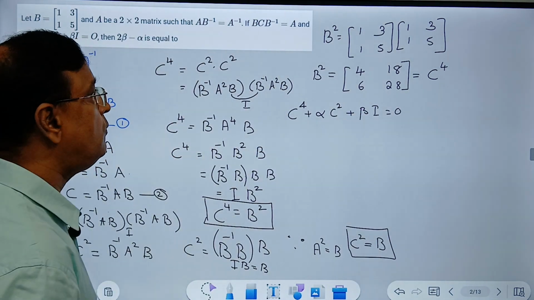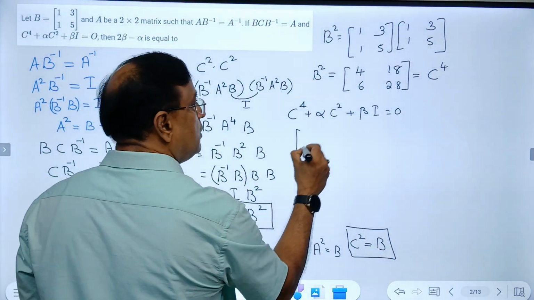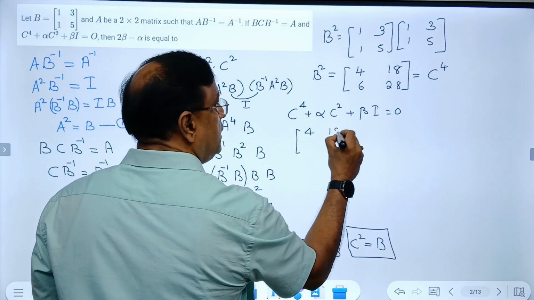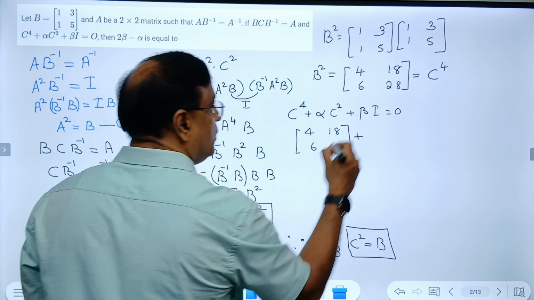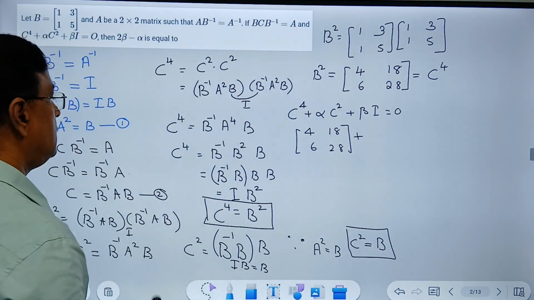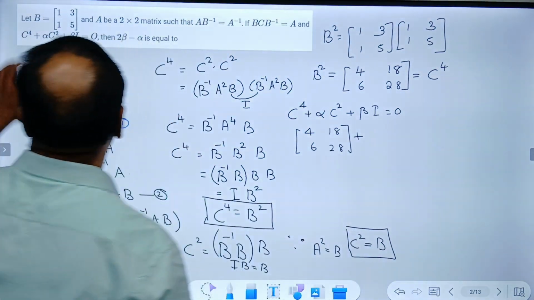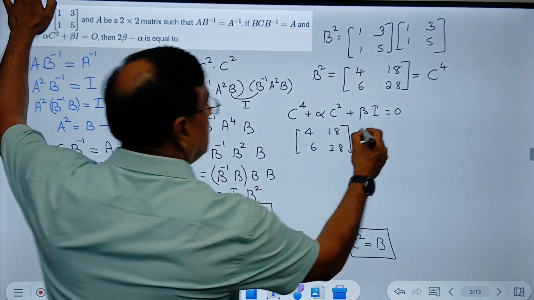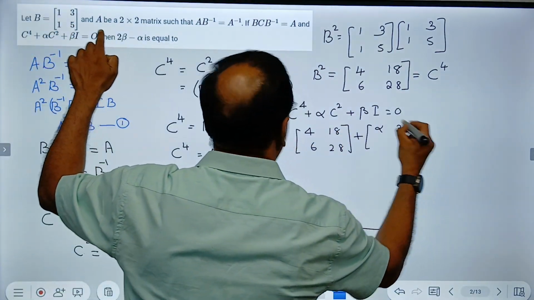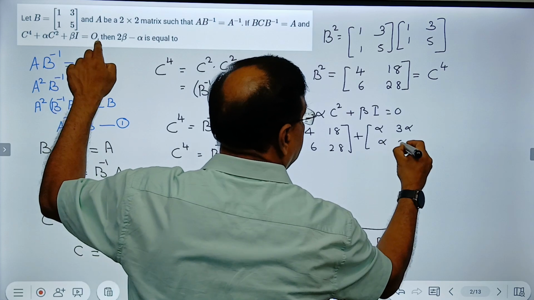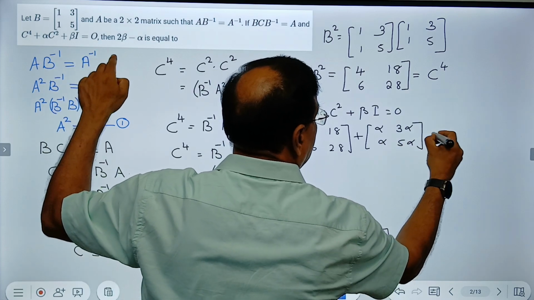Now what is C power 4? C power 4 is nothing but [4, 18; 6, 28] plus what is alpha C square? Your C square is B. So alpha C square will be [alpha, 3 alpha; alpha, 5 alpha]. And what is beta I?